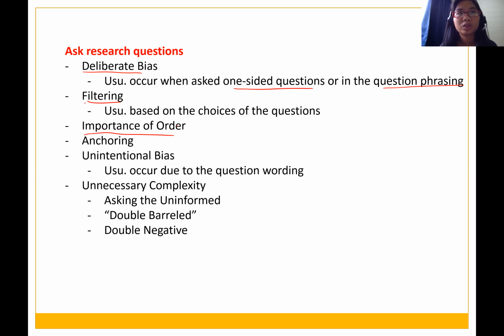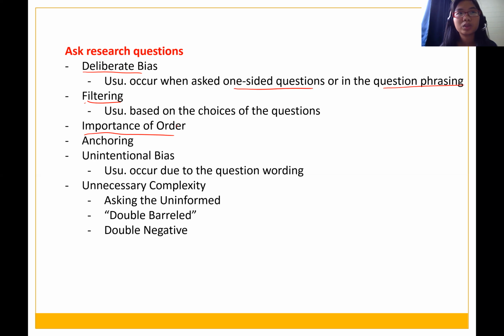And if you ask the same question but phrase it the other way, say, do you agree or disagree that we don't go party all night, then the percentage of people answering yes is going to be higher than the way we asked before. So that is where we have the unintentional bias, and it comes from people being told that they cannot do something, so they answer no to it.